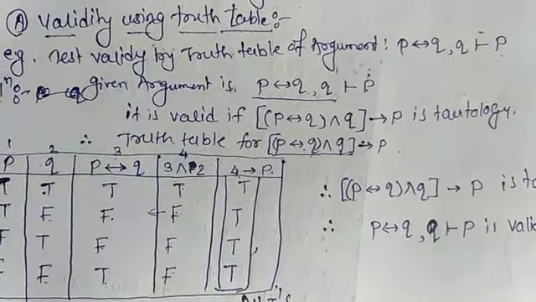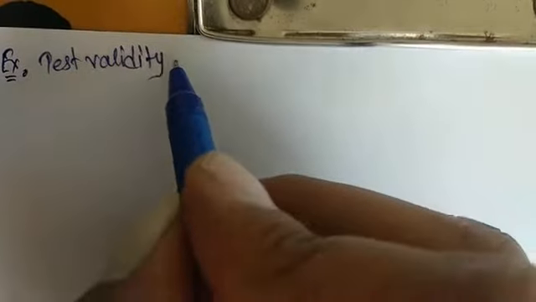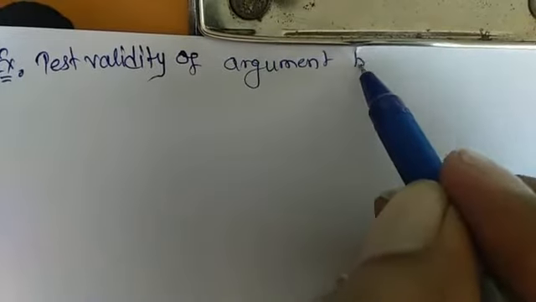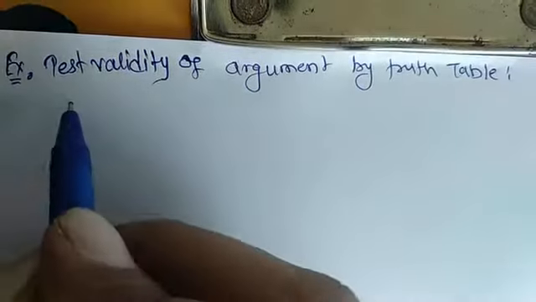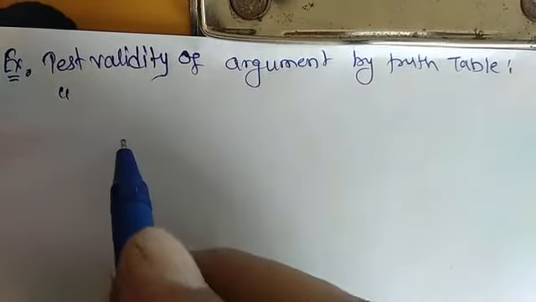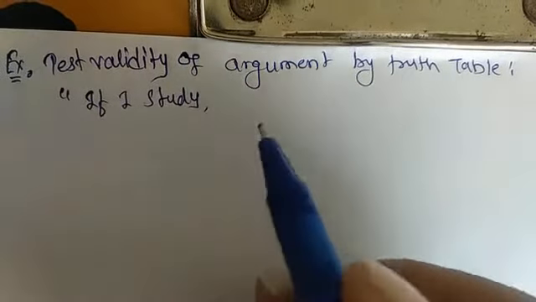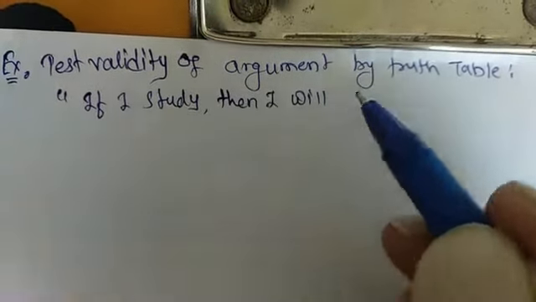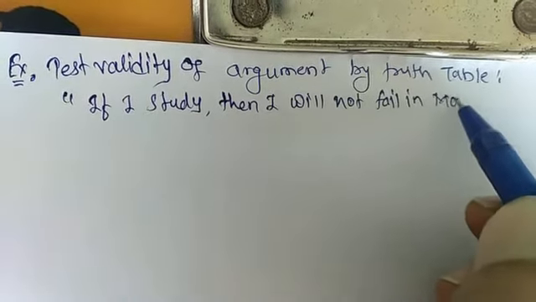invalid argument. Next example: test the validity of the following argument by using a truth table. The argument is: if I study, then I will not fail in mathematics.